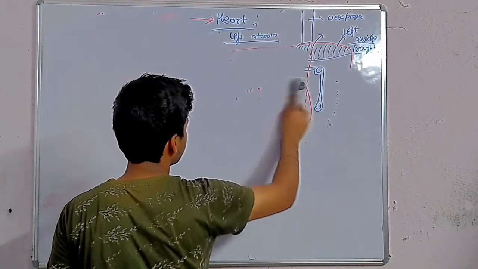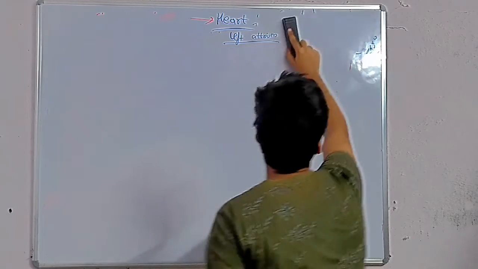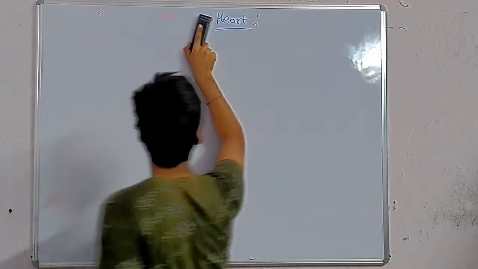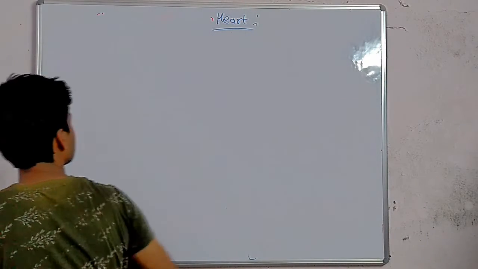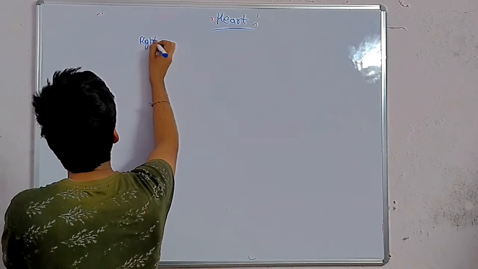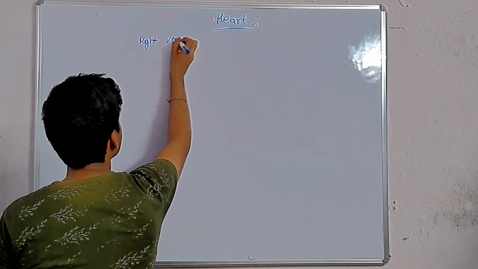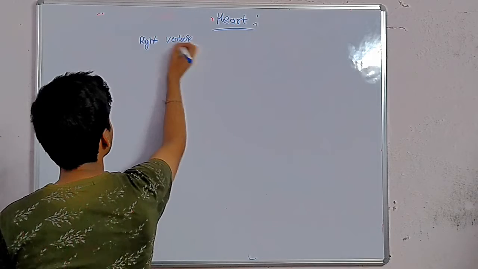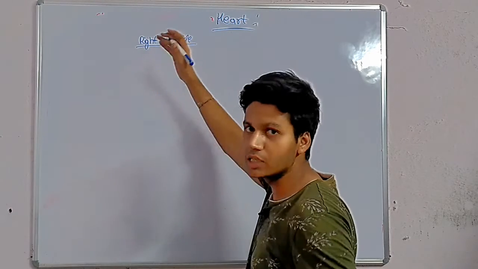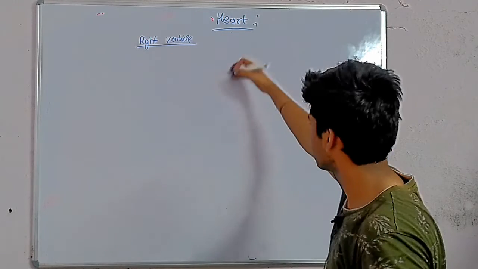So the next chamber is the right ventricle. The right ventricle is present just inferior to the right atrium, just below it.